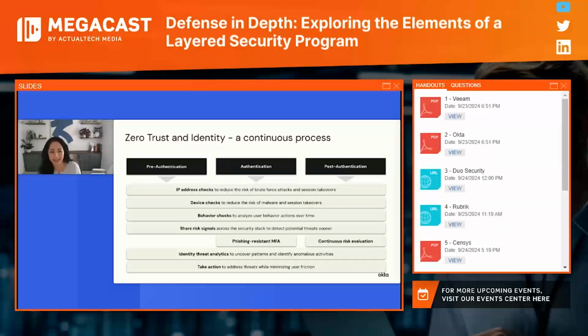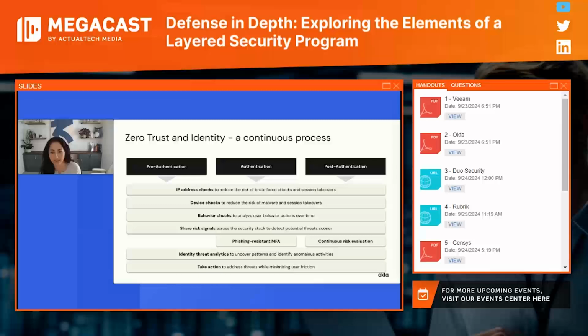And at this post-authentication stage, don't stop looking at the user, their device, their behavior, or their session. Here, you should still be looking for things like, has the XDR software suddenly detected malware on the device and maybe indicated an elevated risk level? Is the IP address used in the session the same as the one the session started with? If not, that can potentially be a signal of a session takeover, or maybe the user just moved locations.